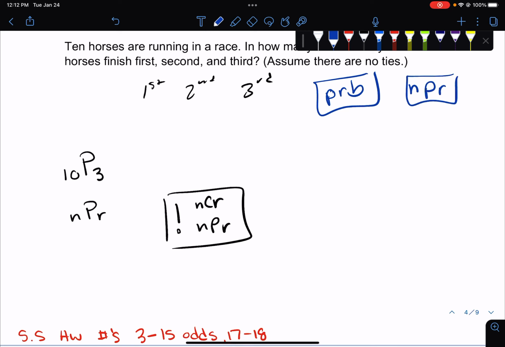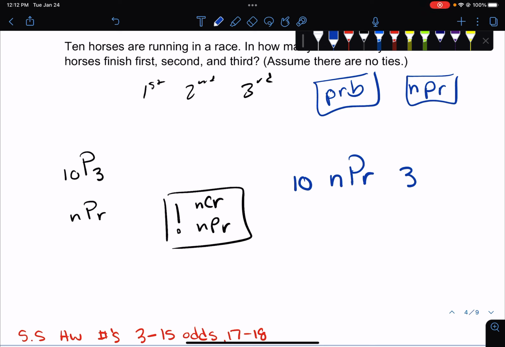So the way that you put it in the calculator, before you hit the nPr button, you put whatever number is your n. So in this case, I would type in my calculator 10. Then I'm going to hit the nPr button, wherever it is on my calculator. And then after nPr, you're going to put how many you're choosing, the r value. And in this case, it would be 3.